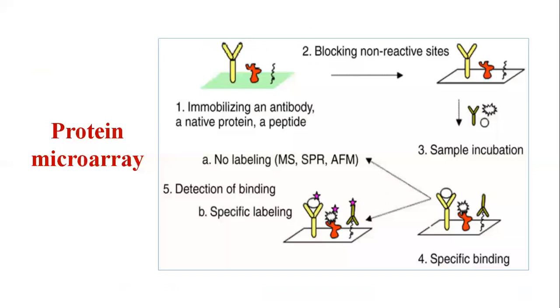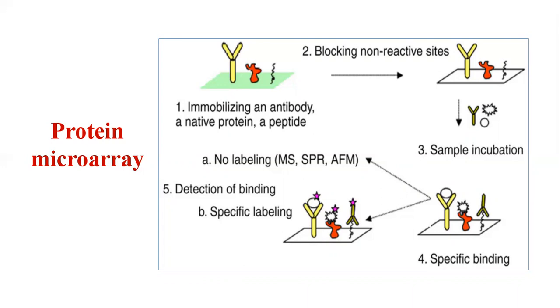Next one, here you can see the protein array. In case of a protein array, we have to immobilize an antibody, a native protein, or a peptide. And then we have to block the non-reactive sites of the protein. Then you have to incubate the sample with some antibody tracer molecules.